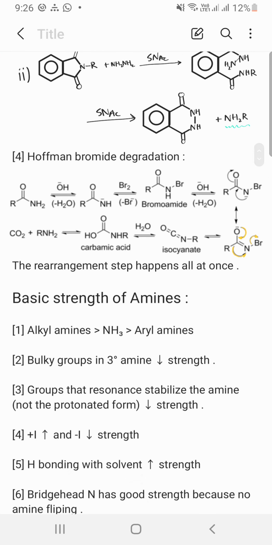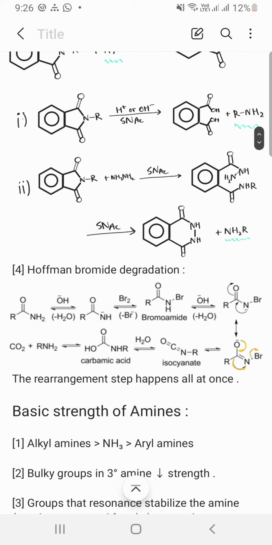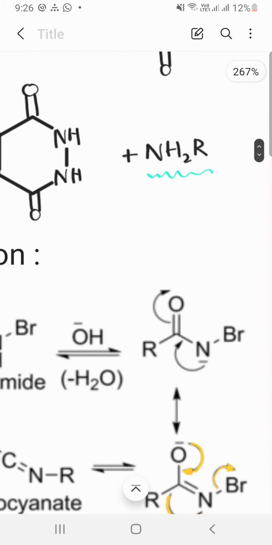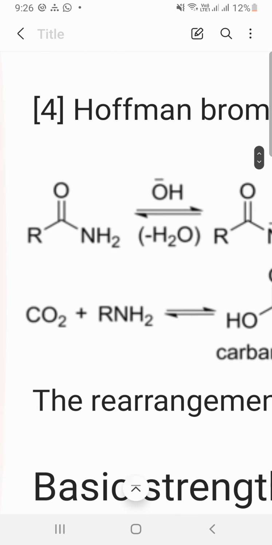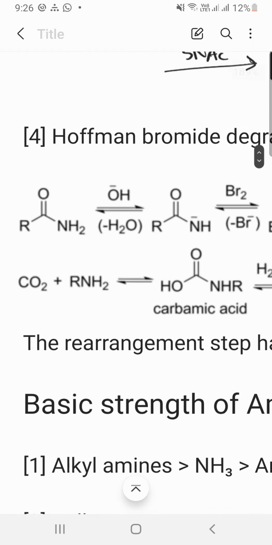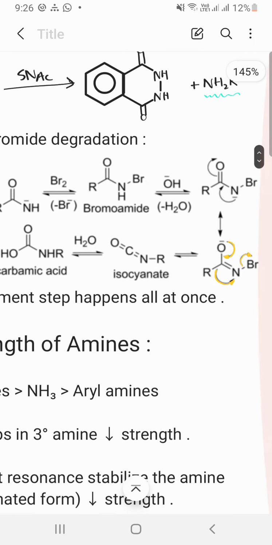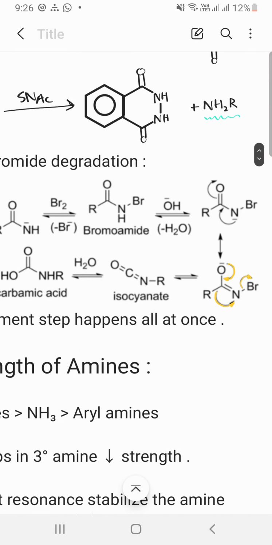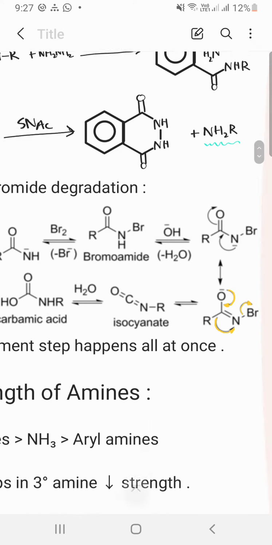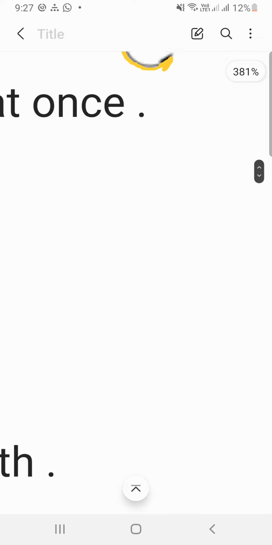Hofmann bromamide degradation. This is very important. When you install this bromine group by this process, this bromine group will later be very important in the whole process. So what you do now is, where did it go? Yeah, over here. This is the step.